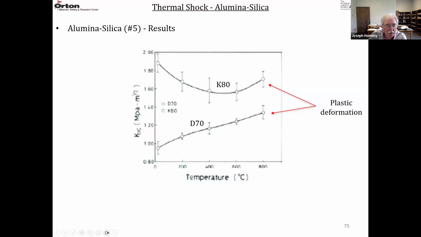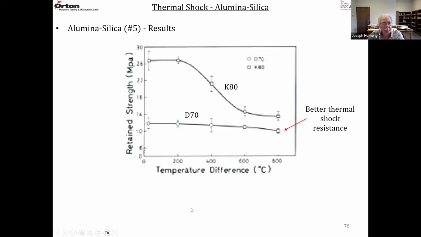So fracture toughness, megapascal square root of meter versus temperature, and K1C is the resistance to crack propagation also. 80% alumina had a higher toughness compared to the 70% alumina. And they both, at the higher temperature, start to increase because, again, it's plastic deformation at the crack tip.